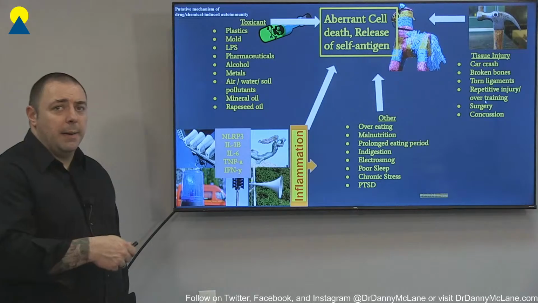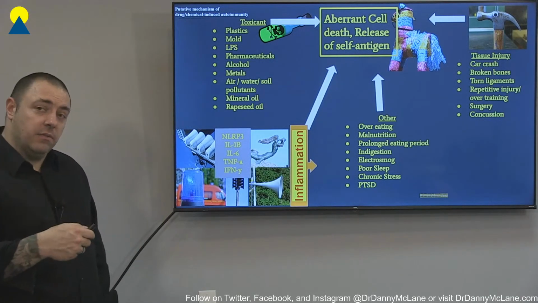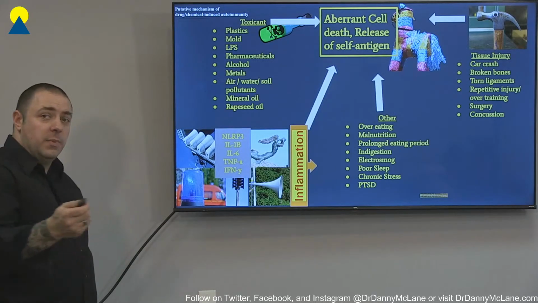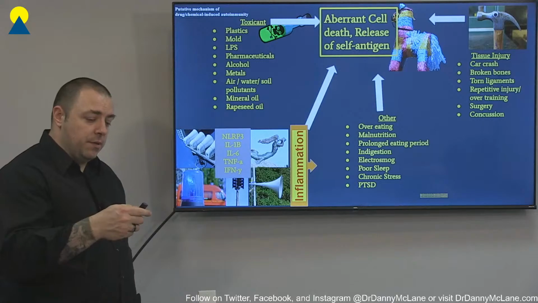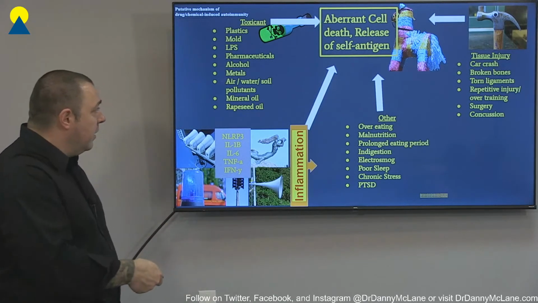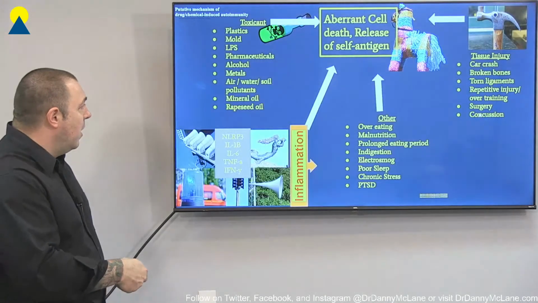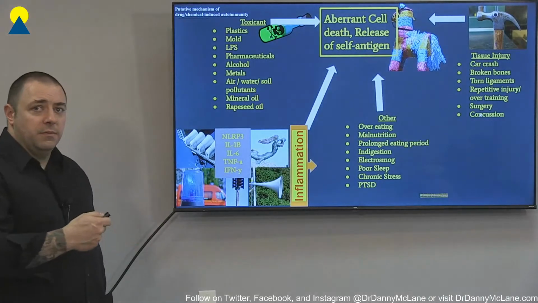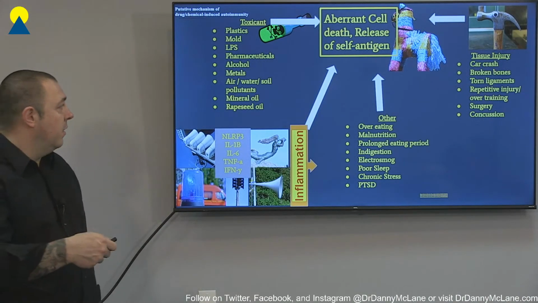So surgery done properly will save your life, but that's to say that it's not the end of the story. There are things that have to be done to clean up after that, especially depending on the type of surgery. We'll talk about one specific type of surgery that will increase risk of allergies and autoimmunities developing. Also, concussion. Concussion is just tissue injury inside the brain. Now you can imagine if you have brain cells that die when they're not supposed to and it causes inflammation, that can cause lots of problems.